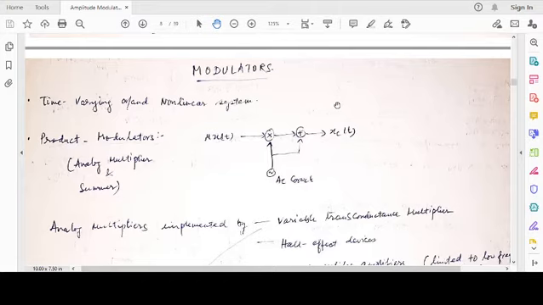What is a modulator? A modulator is a time varying or a nonlinear system. Sometimes it is known as a mixer also.